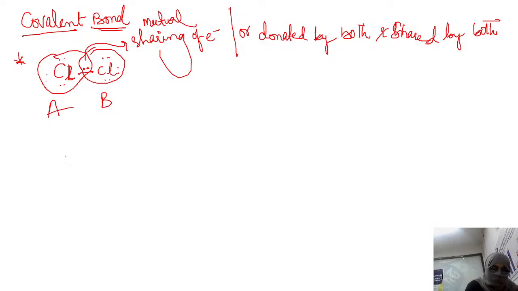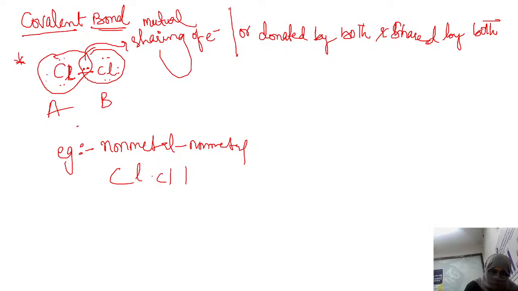So you want examples? The examples: it is always formed between non-metals and non-metals. Non-metal and non-metal, that means chlorine, chlorine. You can even take the example of oxygen, but there will be two bonds between two oxygens. Nitrogen too.